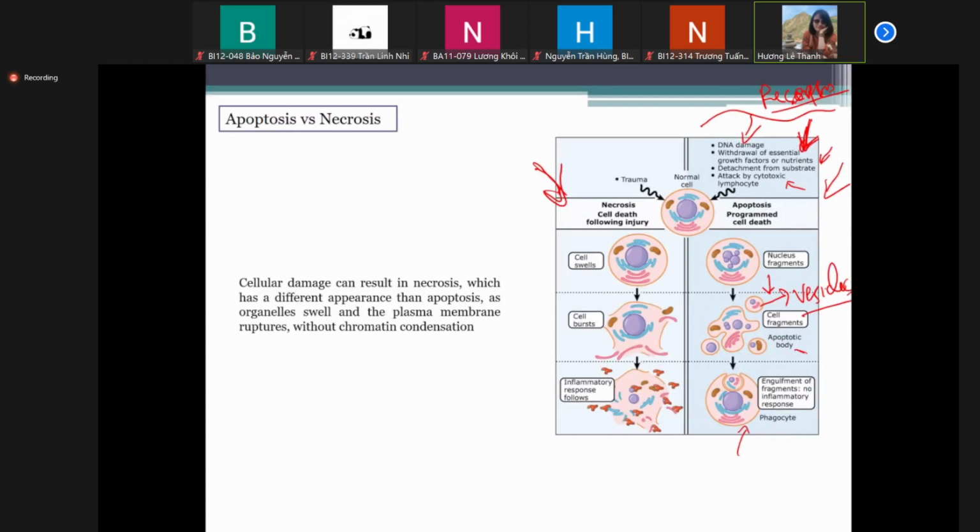And there's no inflammatory response. Do you know inflammation? When you have some problem with your body, when some pathogen attacks, we have inflammation. That is the reaction of our immune system. The typical sign of inflammation is when you get a fever, right?